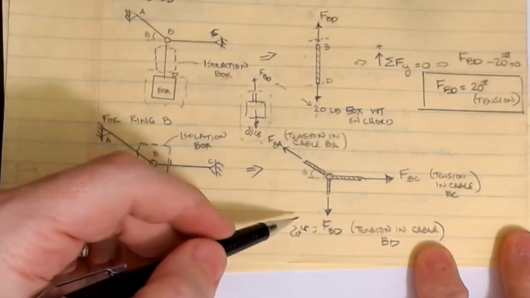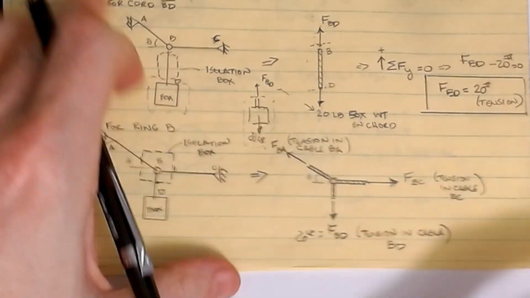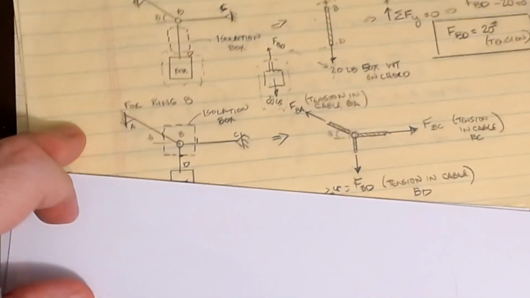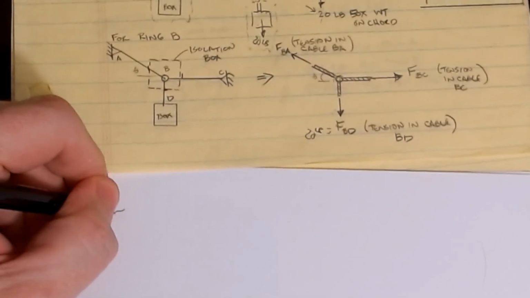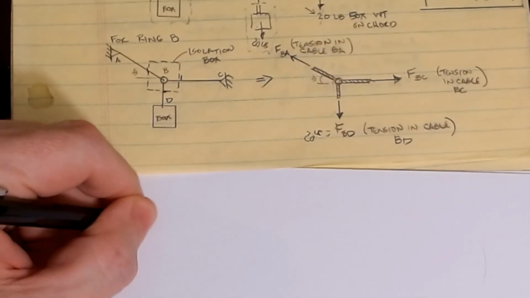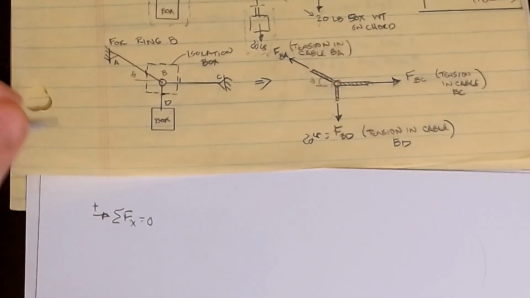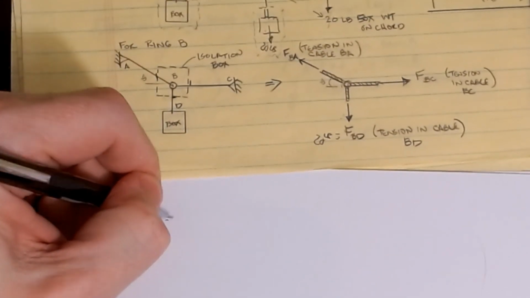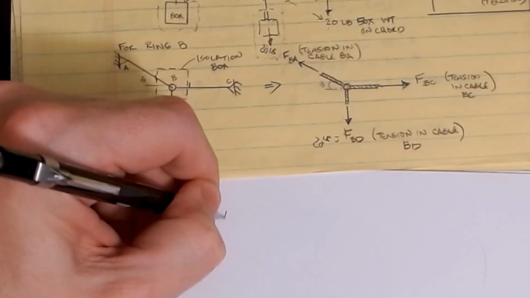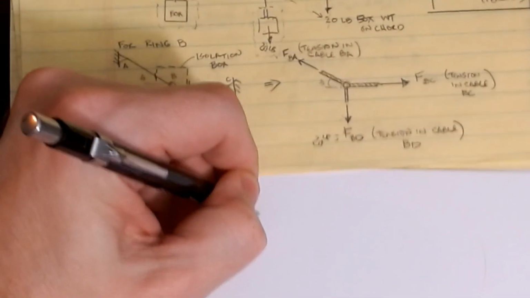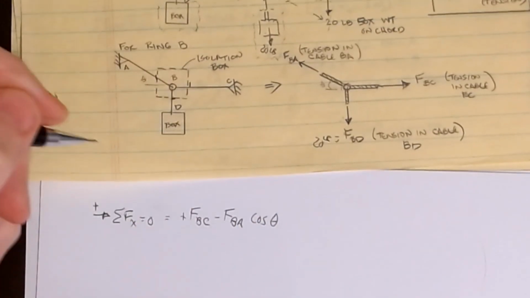So I could do a sum of forces in the X, and here, let's just do that. For this picture here, we could write sum of forces X equals 0. We'll do this way positive. And when I do this, the equation that we get would be a positive FBC, minus FBA cosine of theta.